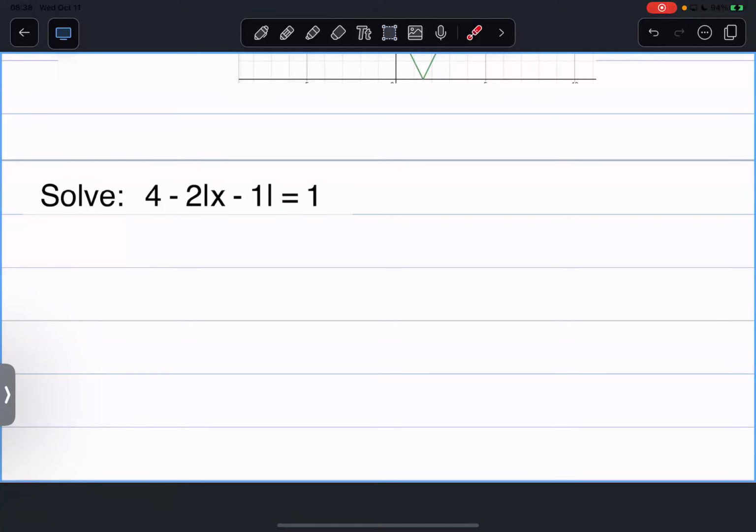What I'm going to do is move everything outside the absolute value to the right-hand side and just get the absolute value on its own. So get the absolute value of x on its own, and in this case, it's the absolute value of x minus 1, but just generically.